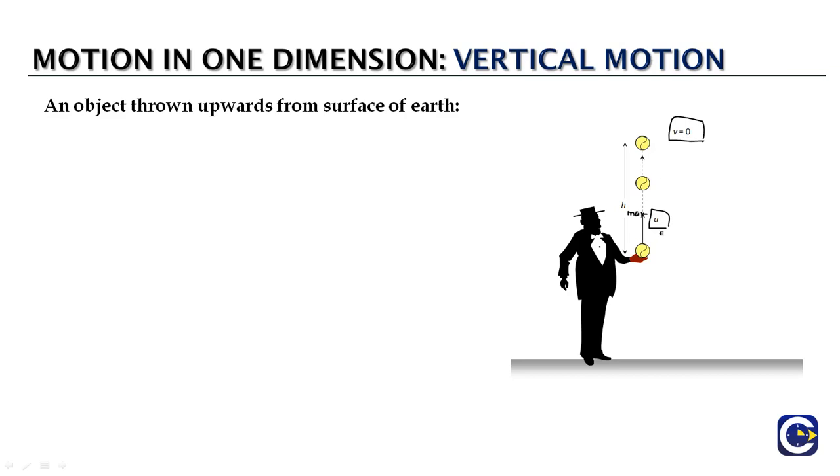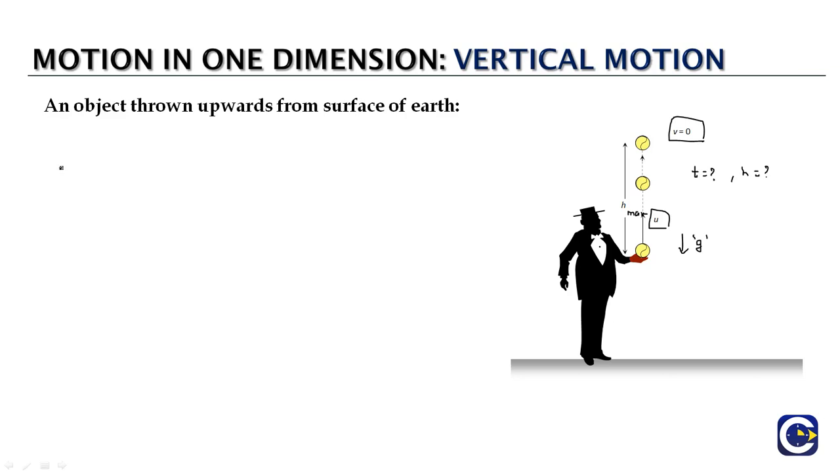Because as the object climbs up, it is under deceleration, as the acceleration due to gravity g is downwards. The velocity keeps decreasing and eventually becomes 0 at the maximum height. We'll try to find how much time it takes to reach the maximum height, and also what the maximum height value is.